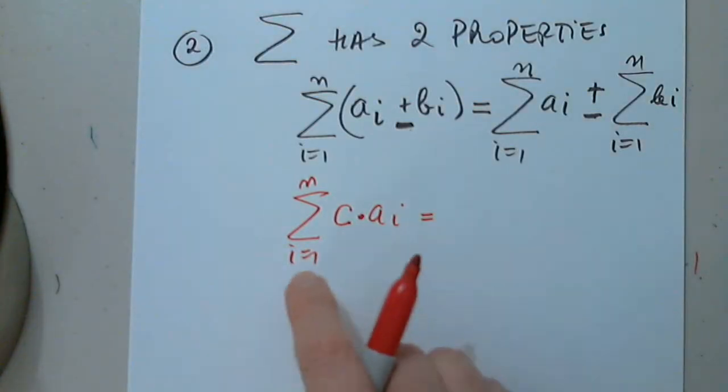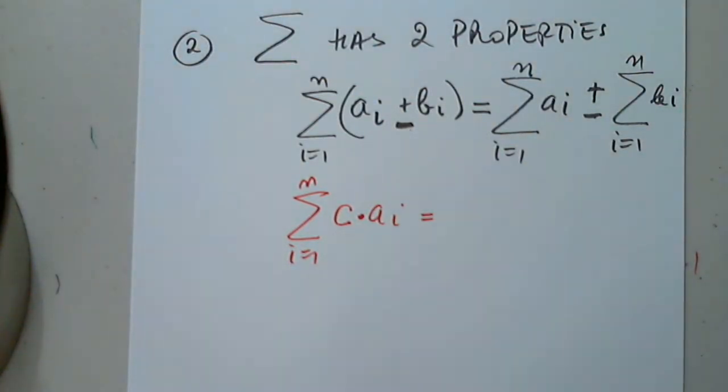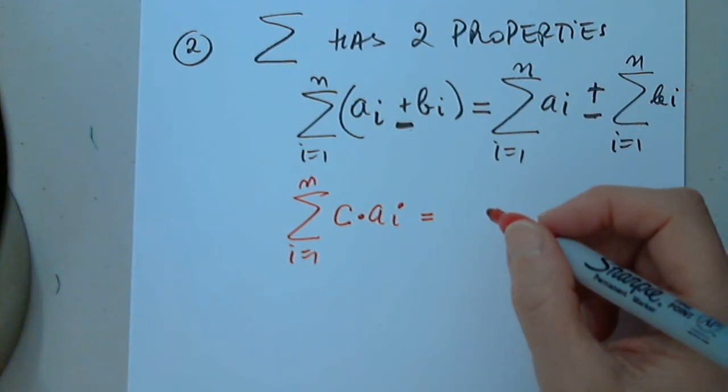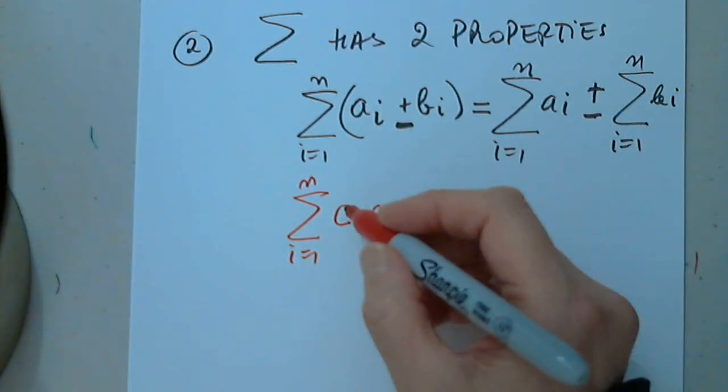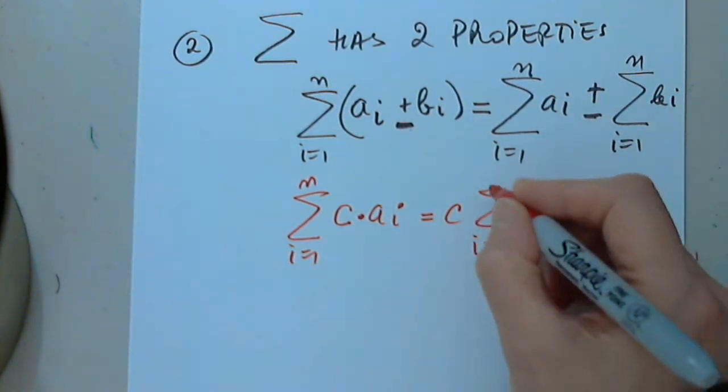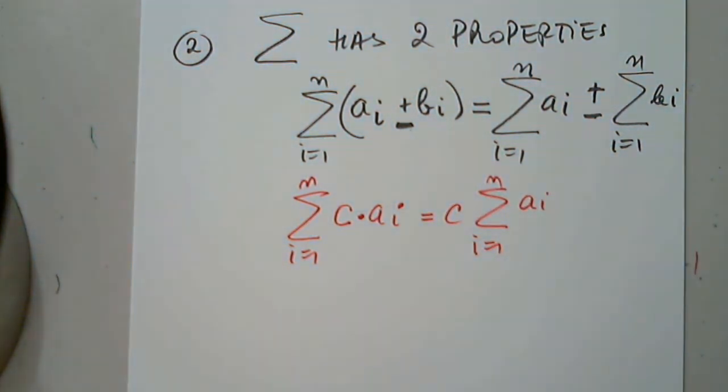Exactly with the limit, exactly with the derivative. What did we do with that constant? Does it stay or does it move to the front? Exactly. In all cases, that's what we did.